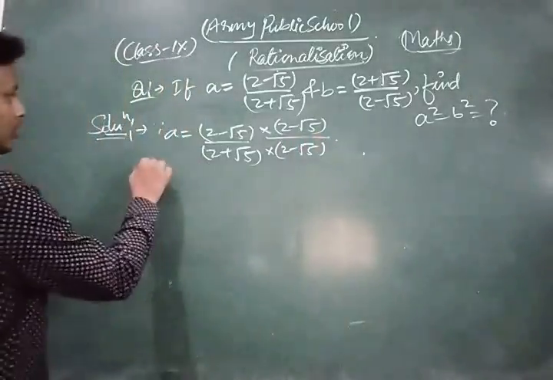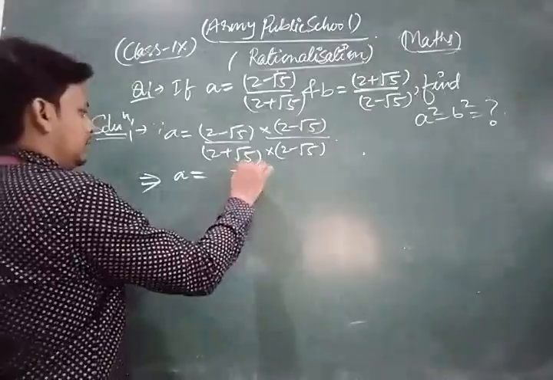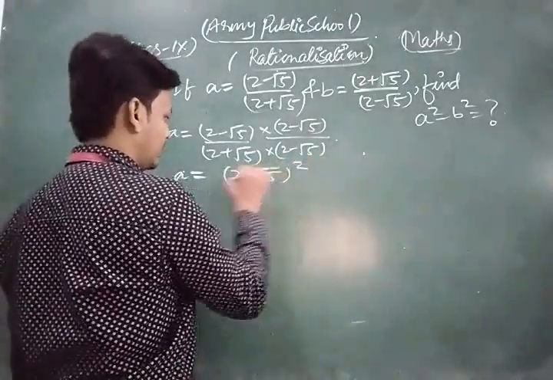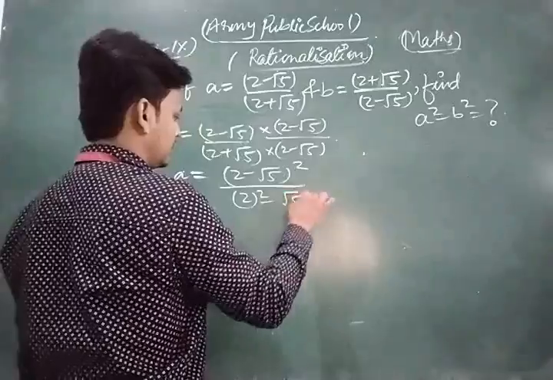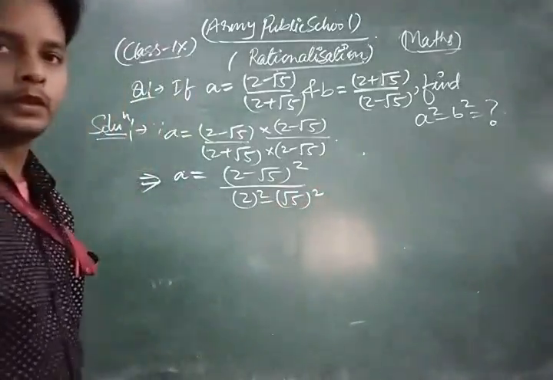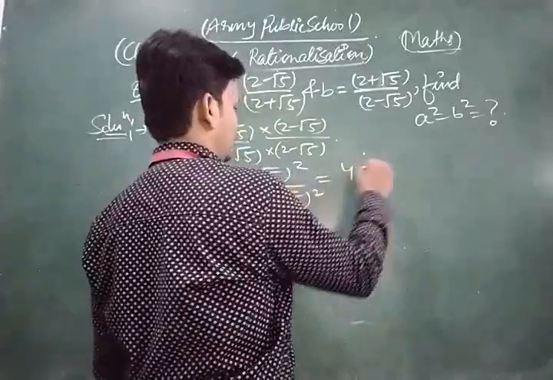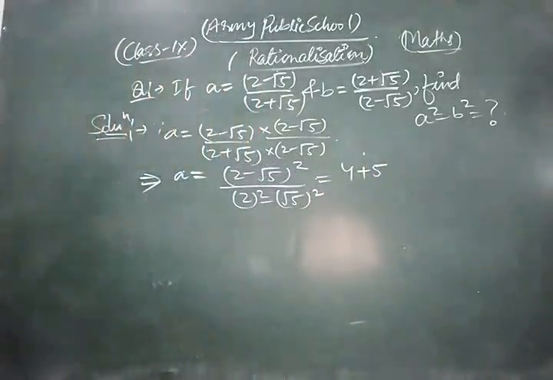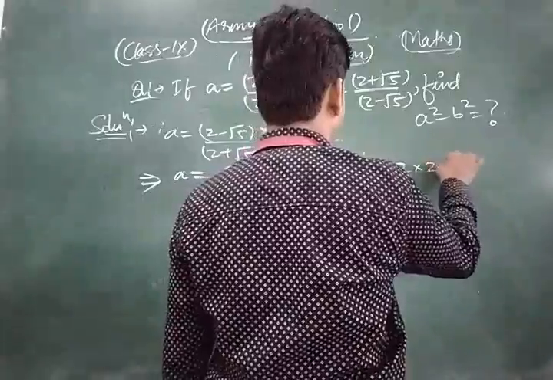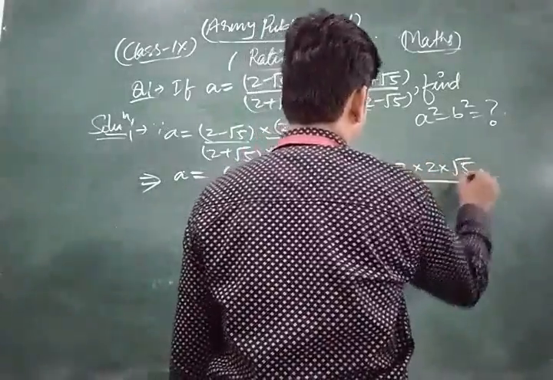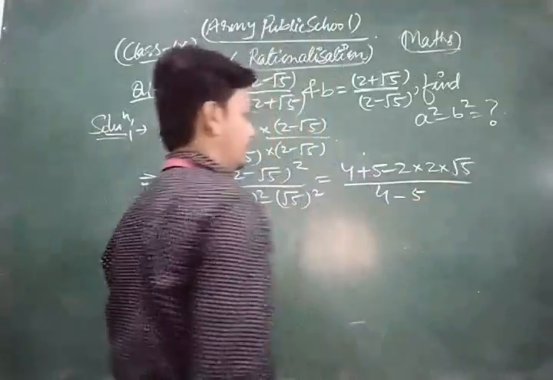So now we have a equal to 2 minus root 5 whole square upon a plus b into a minus b, so we can write a square minus b square, that is a square plus b square minus 2ab, upon 2 to the 4 minus 5.